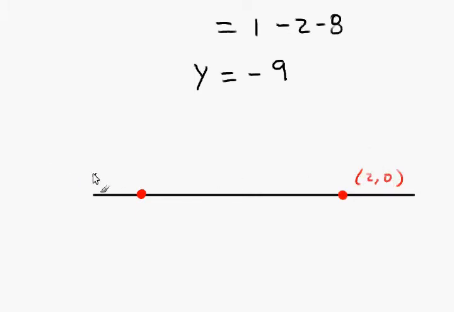This is -4, 0. And then halfway between them, we're going to want to draw the axis of symmetry. Nice vertical line there. And then this will be our vertex. This will be the point -1, -9.